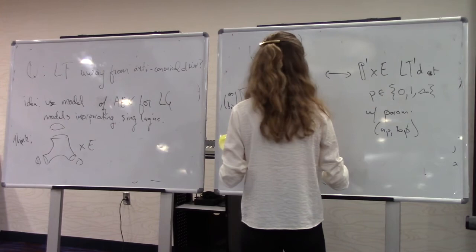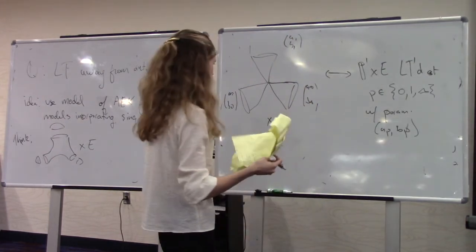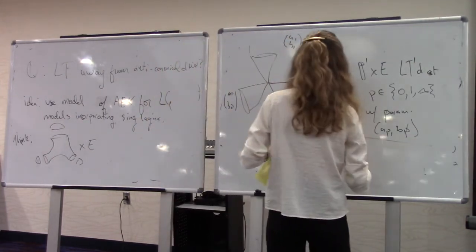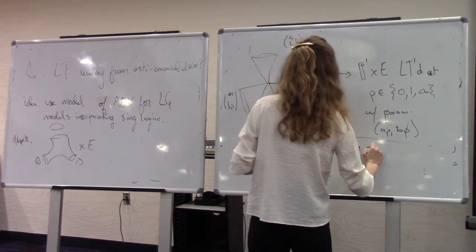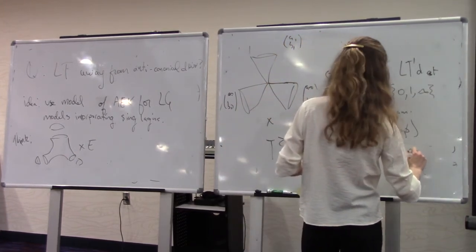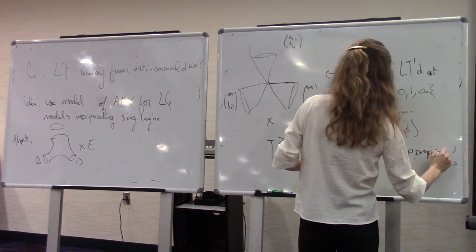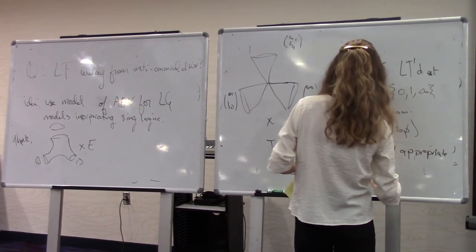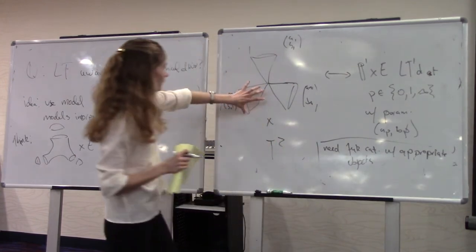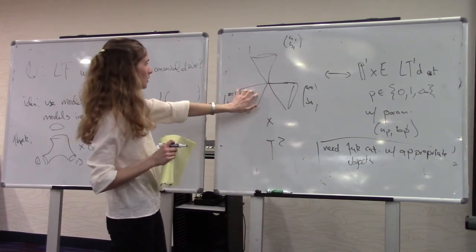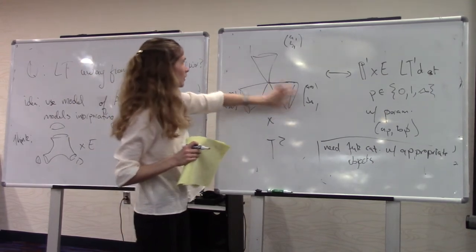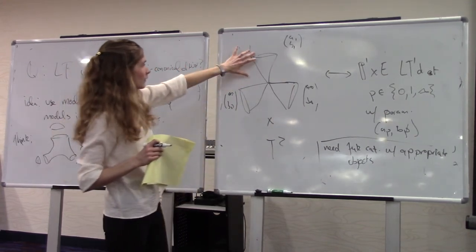So we need a Fukaya category with appropriate objects. What I want to say is that you can put a symplectic form, the question is what to do with the singularity. You know how to consider Lagrangians. Here you have these boundary conditions on each of these ends.